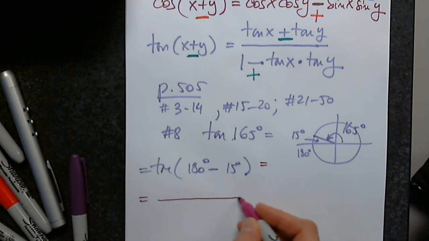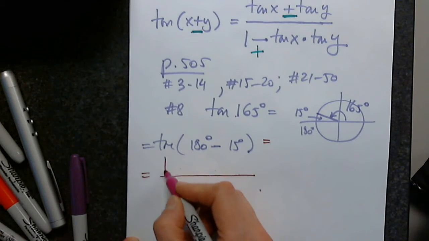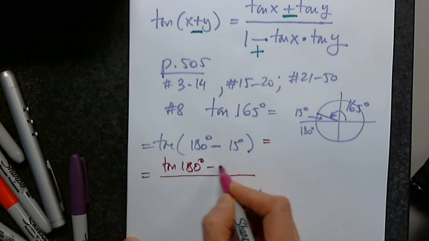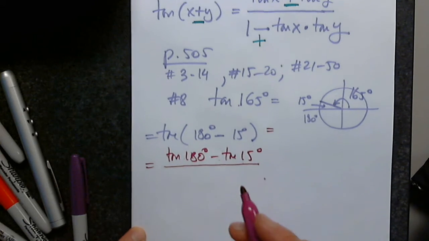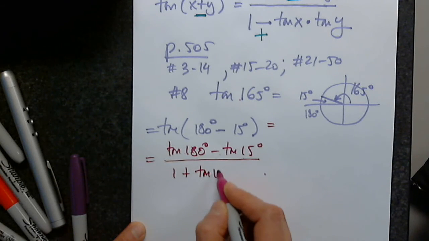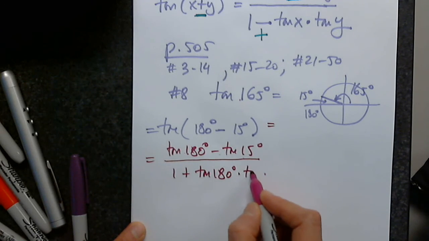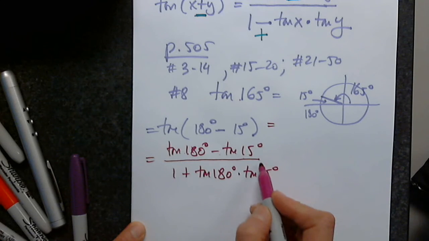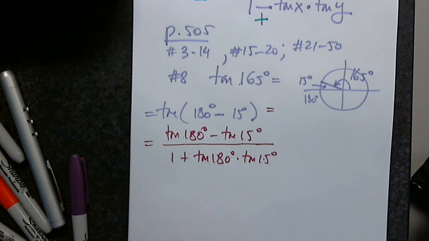It will be a ratio. I will have to write tangent 180 minus tangent 15 over 1 plus tangent 180 times tangent 15. I personally would not have gone this route, but we started. Let's finish it.